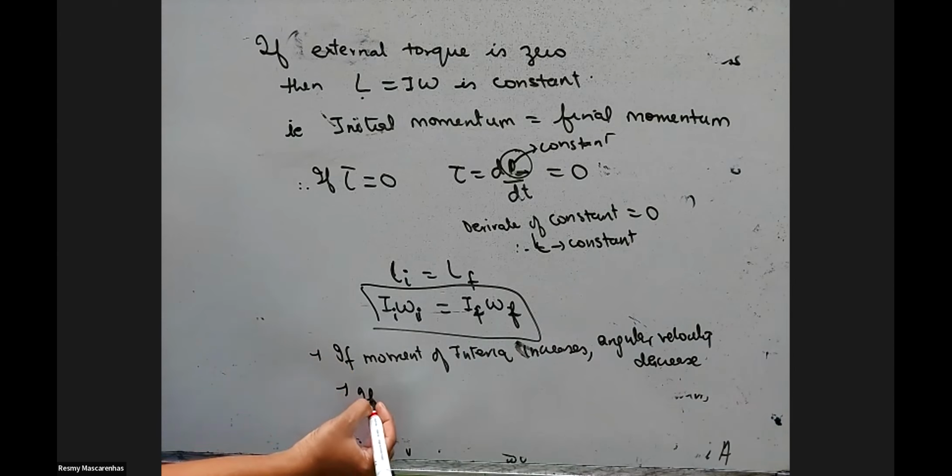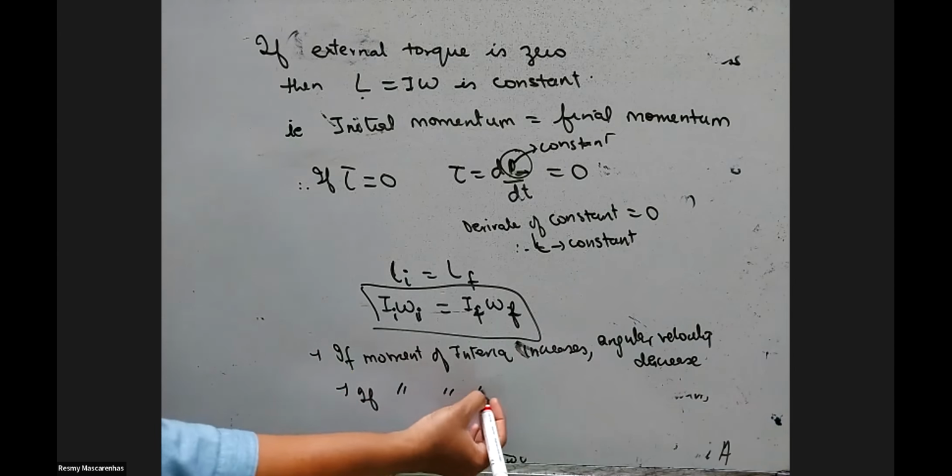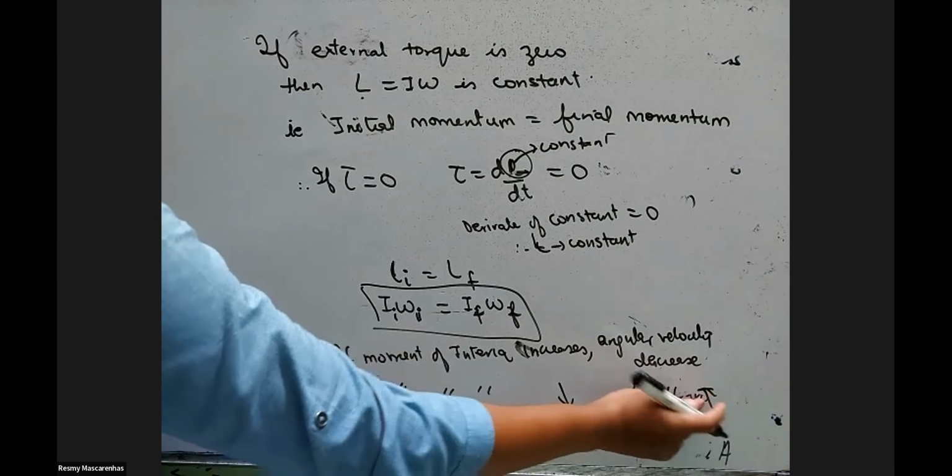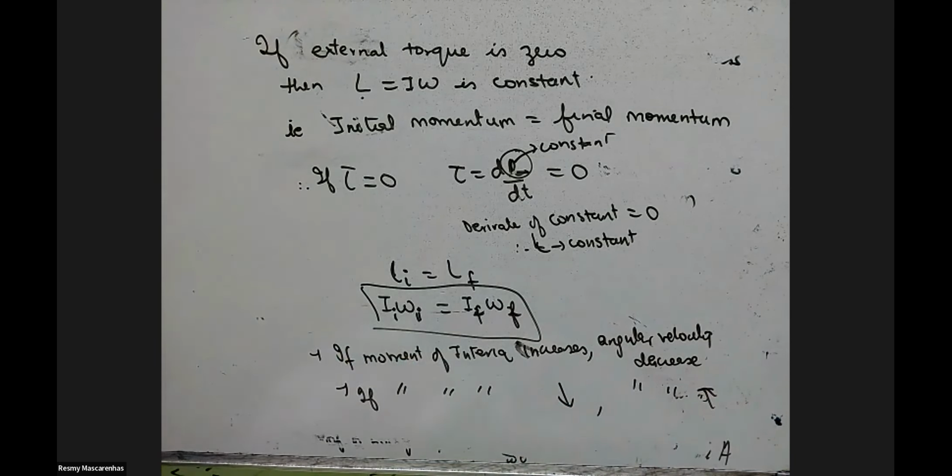If moment of inertia decreases, angular velocity increases. Why? Because it has to remain constant.